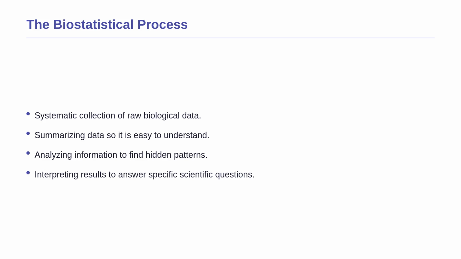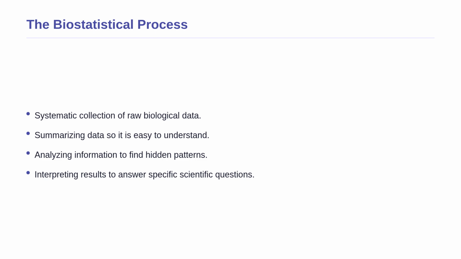So, how does this formal definition translate into actual practice? The biostatistical process involves 4 main steps. First, it requires the systematic collection of biological data. Second, we must summarize that data so it is easy to understand, often reducing thousands of data points into a few key numbers.